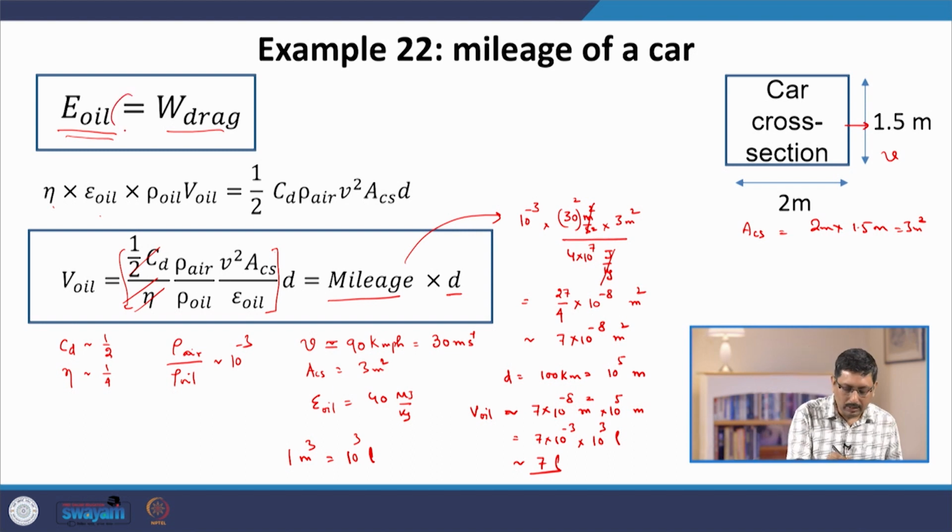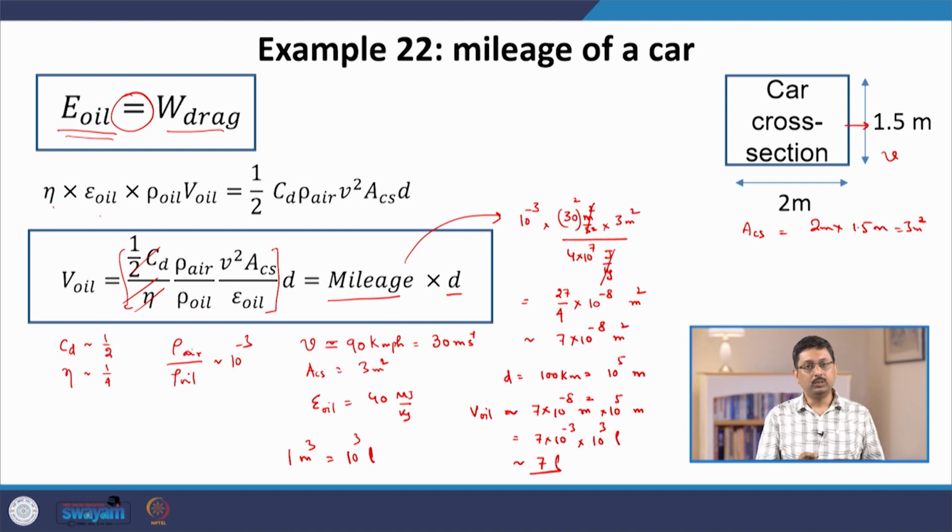And this symbol of equality signifies that something is not changing, the energy is not changing, it is just transferring from one form to another form.